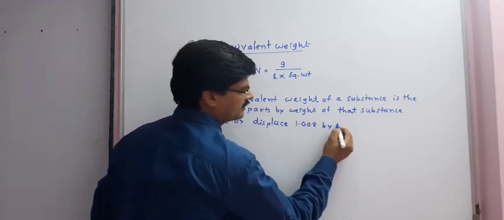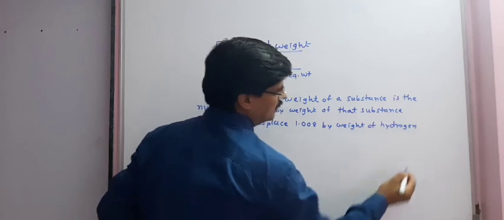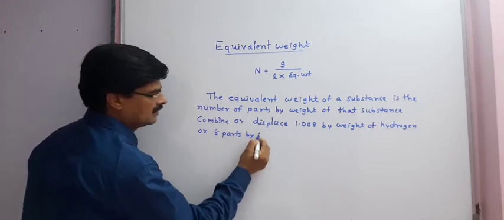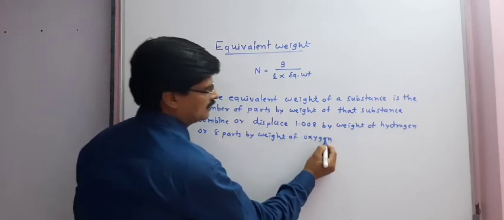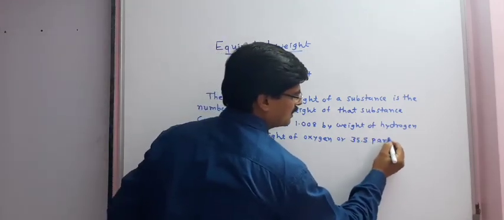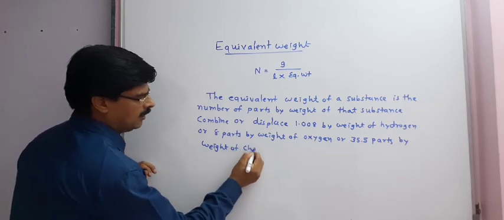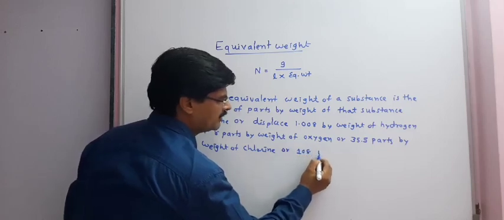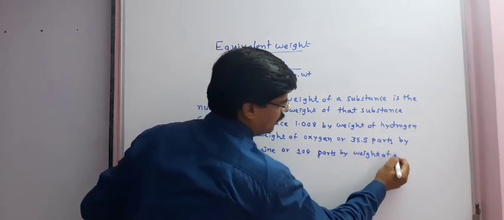1.008 parts by weight of hydrogen, or 8 parts by weight of oxygen, or 35.5 parts by weight of chlorine, or 108 parts by weight of silver.